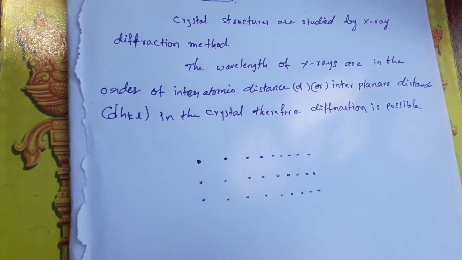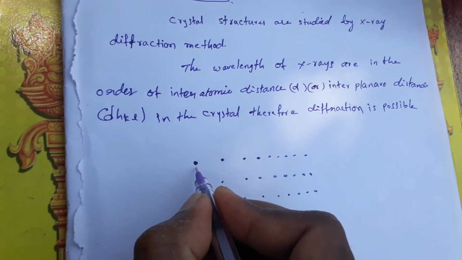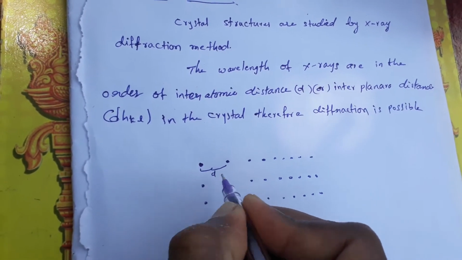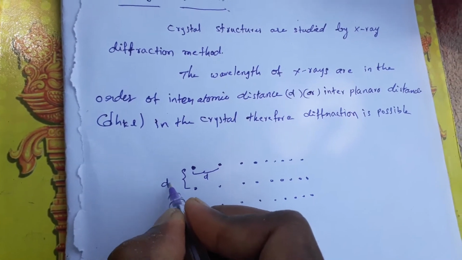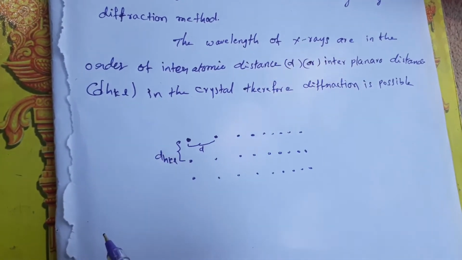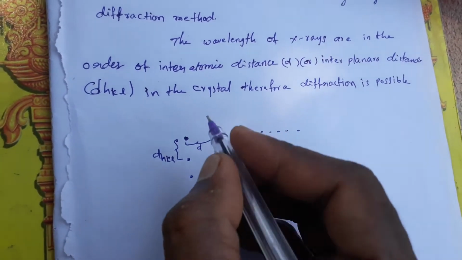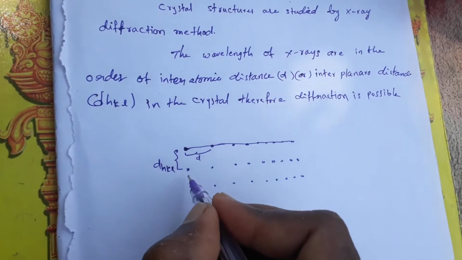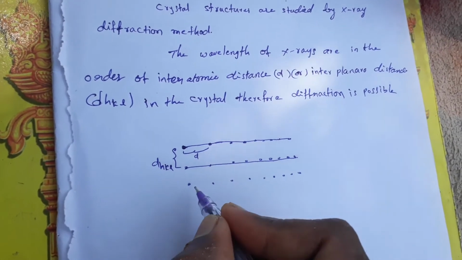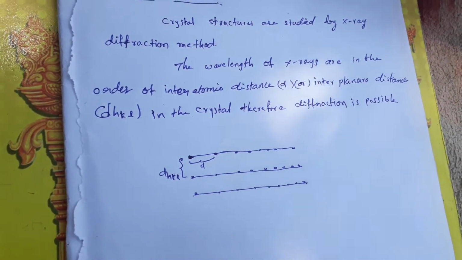So this is the distance between the atoms, and this is the distance between the HKL planes. If I join these, the distance between atoms will be the edge length. So this we call a plane.